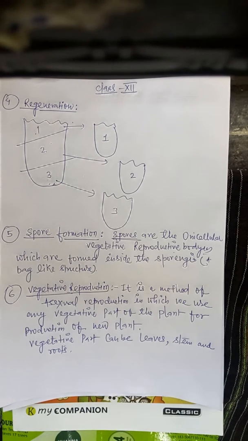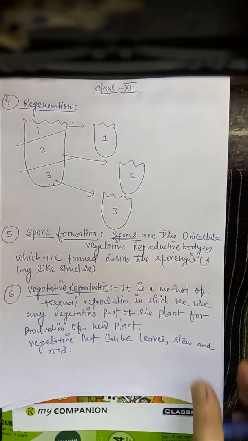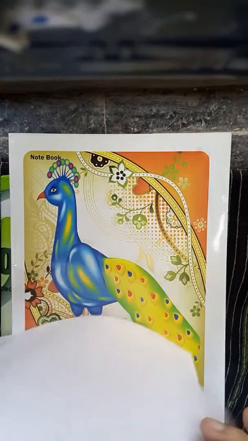You know, plants contain two parts. The flower is the reproductive part of the plant and except the flower, all the parts of the plant are called vegetative parts. So when we use any vegetative part for the production of new plants, this method of reproduction is called vegetative propagation. Vegetative propagation is divided into two categories.